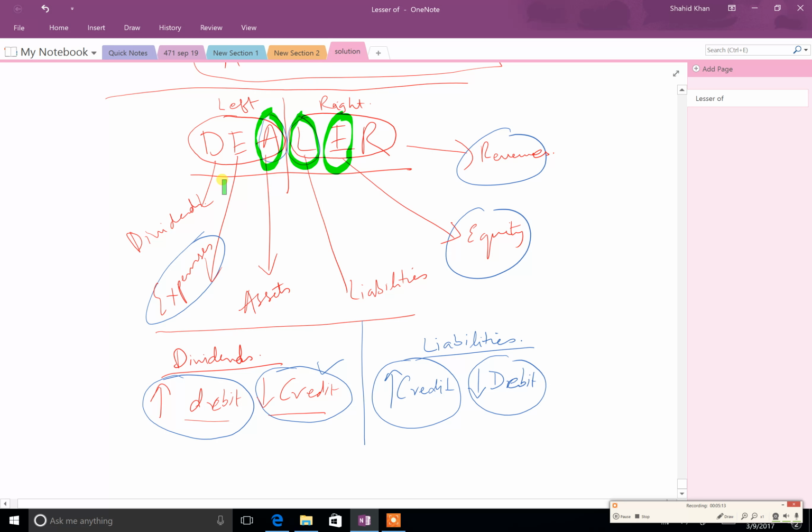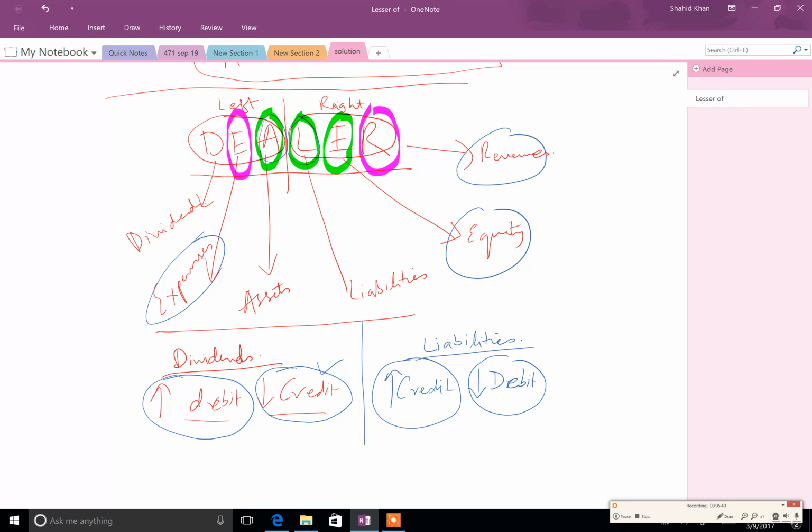Then I explained to you the earnings process, which is here as well. Let's take a different color for that. The earnings process is shown by revenues and expenses right here. So now we have them, and you can see they are under different left and right sides.